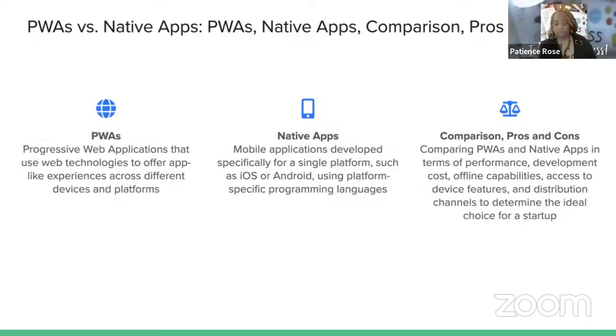But if you do have to make a comparison, just think about what you would pay to have a native app developed for you and put in the App Store or the Play Store. And I can tell you, just on cost alone for development, it could be upwards of $5,000 or $10,000 even to develop a native app.